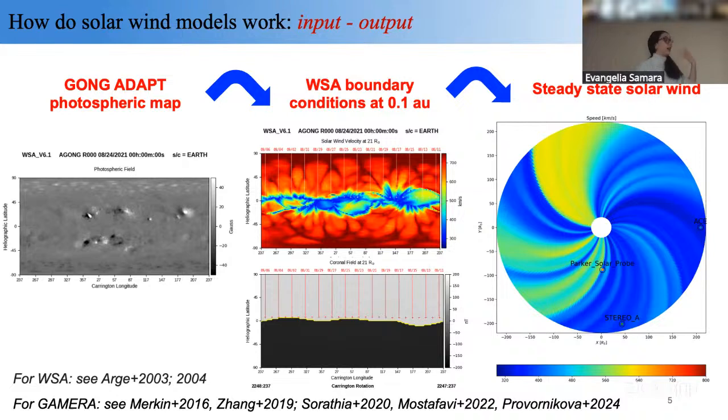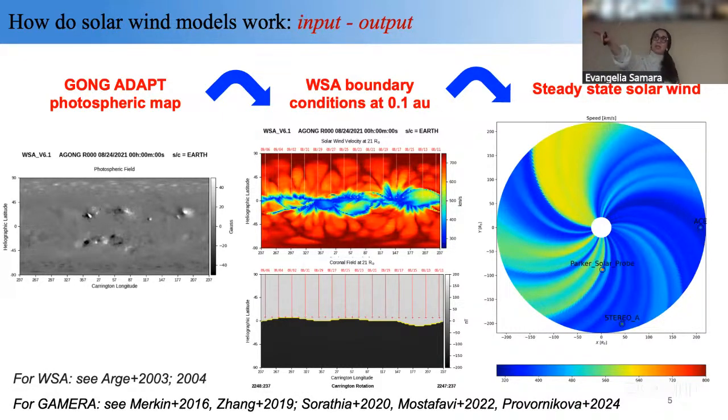Red colors mean faster solar wind. And here is an indication of the magnetic field polarity, light gray positive polarity, dark gray negative polarity, and the shape of the heliospheric current sheet, you see it here in the yellow line. I'm not sure if it's very visible, but it doesn't matter.